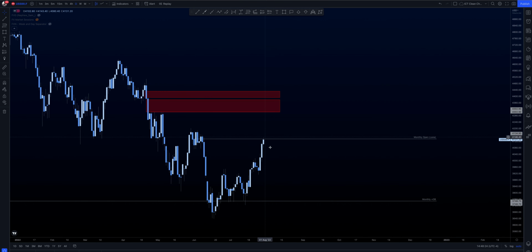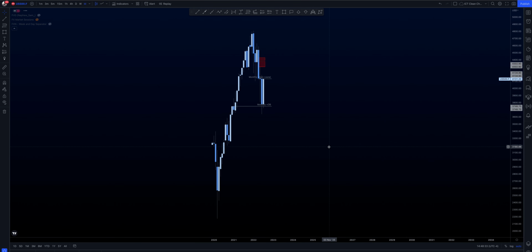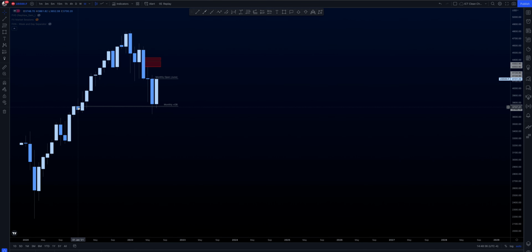So now we need to turn around from here and then come back down if I was expecting lower prices. However, if I go back up to the monthly time frame, and I use this as an example, you've got your monthly key level here, which is your bullish order block.